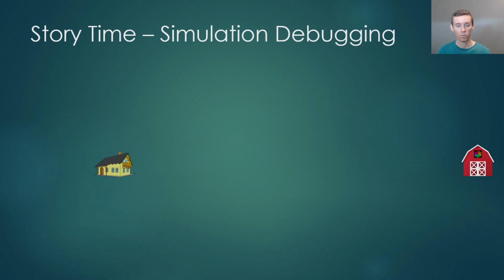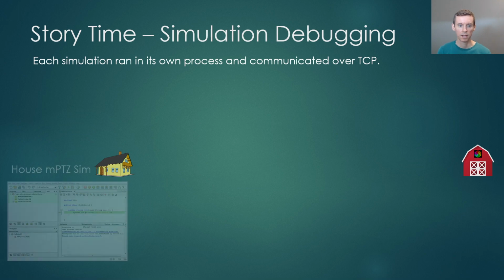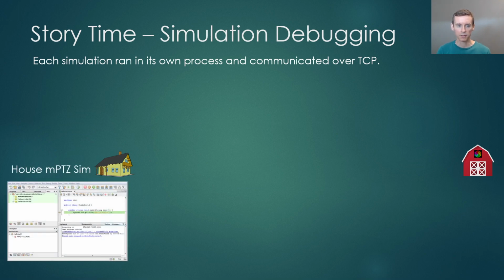All right, and one other thing that was really, really powerful about debugging, or having this all on my one laptop instead of out in the field or on multiple controllers, is that I could debug it all together. So I have a simulation here running in its own process.